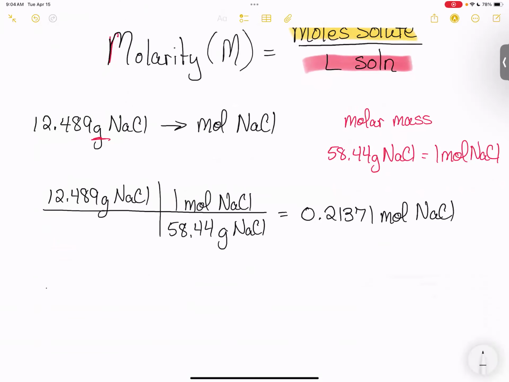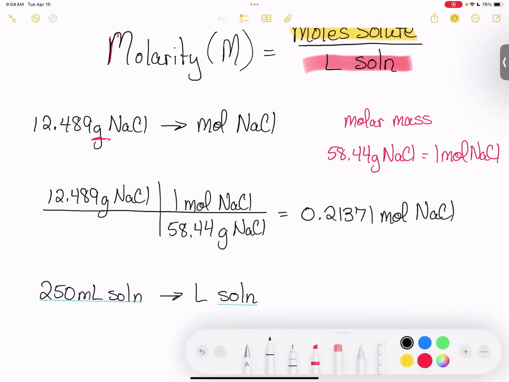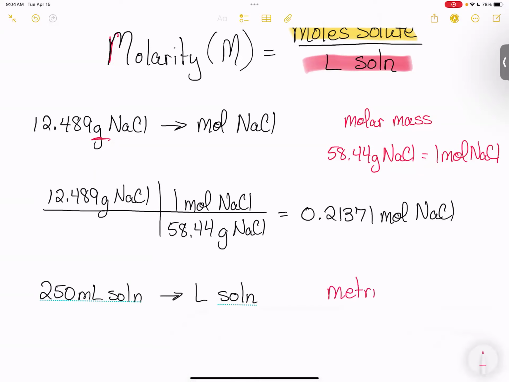So I've got to convert 250 milliliters of solution into liters of solution. The conversion factor that's going to allow that to occur is going to be the metric prefix system.